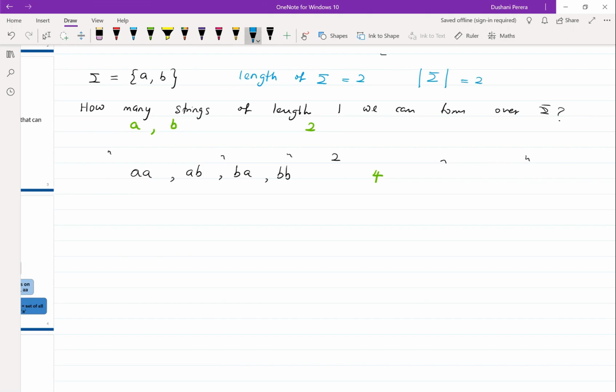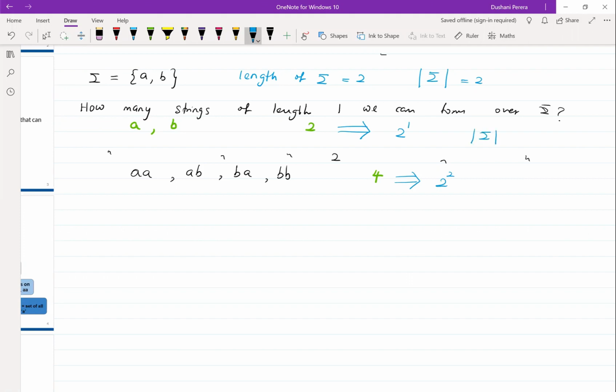Okay, length of the alphabet is 2. If we symbolize this using the length of our alphabet, this is going to be 2 to the power of 1. Then if you do the same here, this is going to be 2 to the power of 2. So 2 is the length of our alphabet.